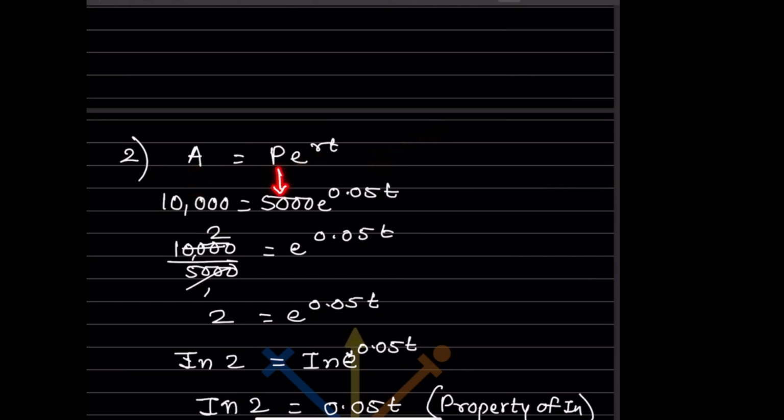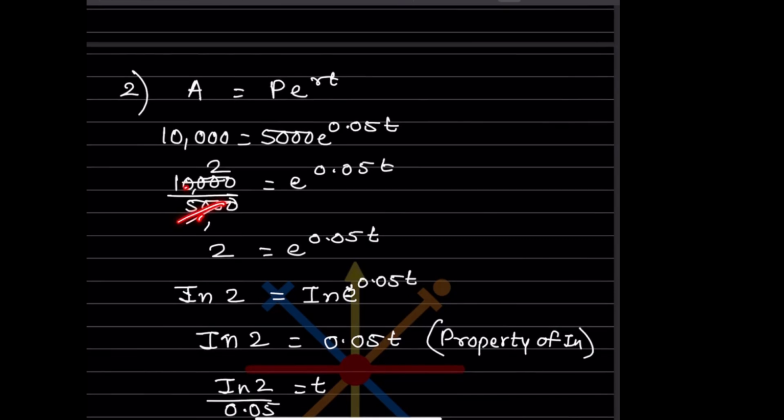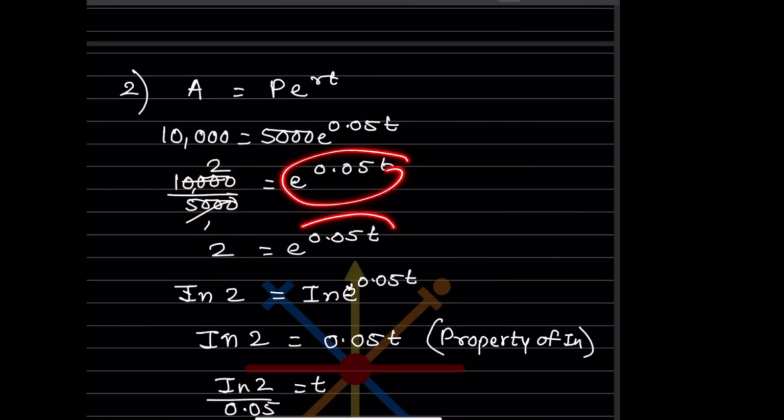P, the principal, is 5,000. e raised to, now the rate of interest we have already seen in the previous one, that is 0.05, and this t is going to be the same. So now this is all multiplication, so this will be here, and this is going to go in the denominator. The rest will be the same. So this will be 2. This is going to be the same.